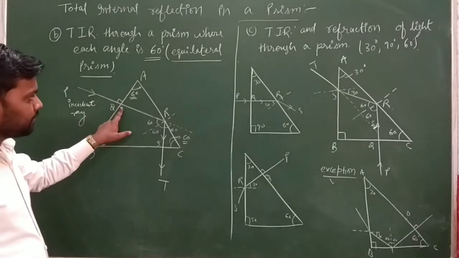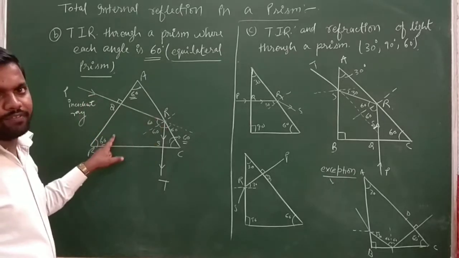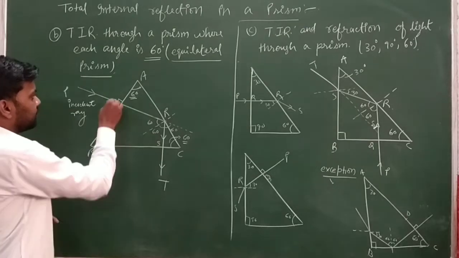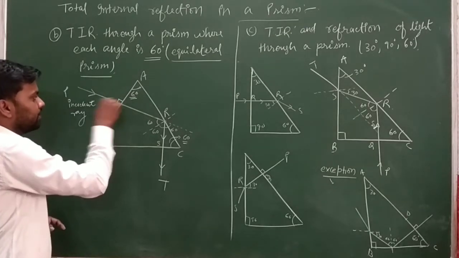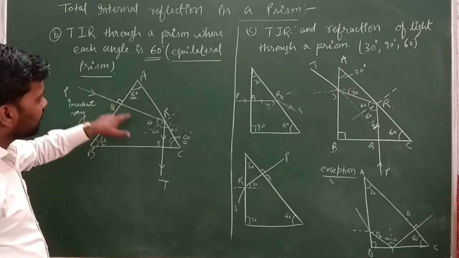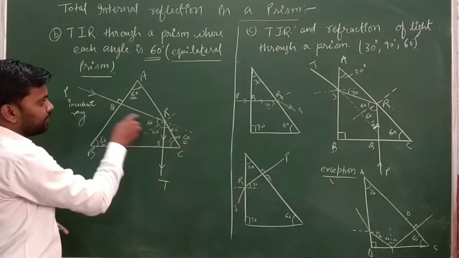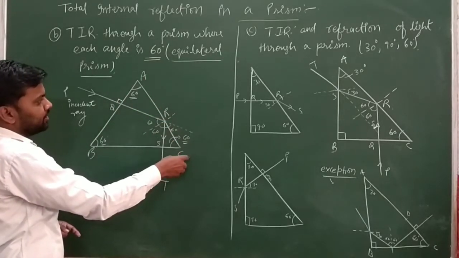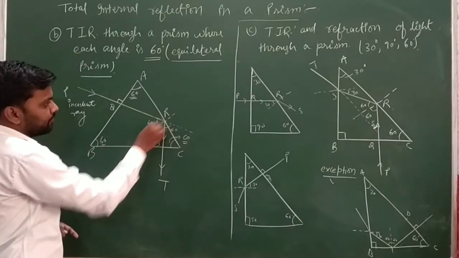On this surface it will move undeviated. It will not split into its colors because it will not show any kind of deviation in its path, due to the angle of incidence being 90 degree. Then after moving on this surface, that is AC, it strikes here.